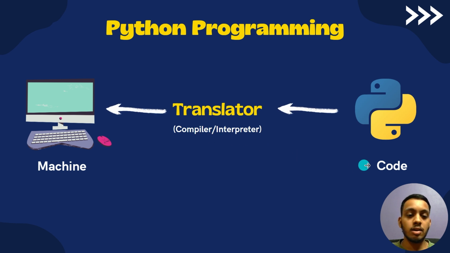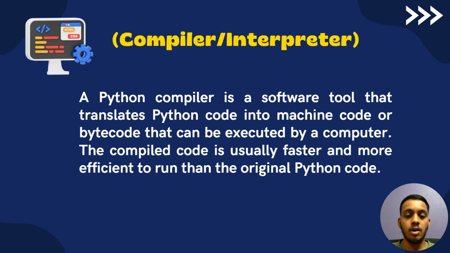A compiler compiles Python code into machine level language, means zeros and ones language. So what is exactly a compiler? A compiler is a software tool that translates Python code into machine code, means machine language. It is usually faster and more efficient to run than the original Python code.